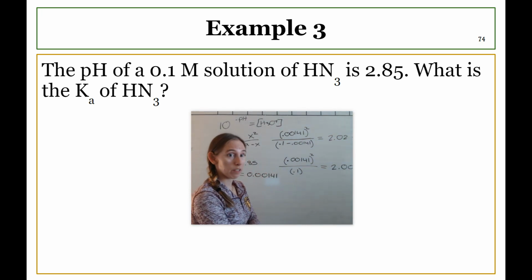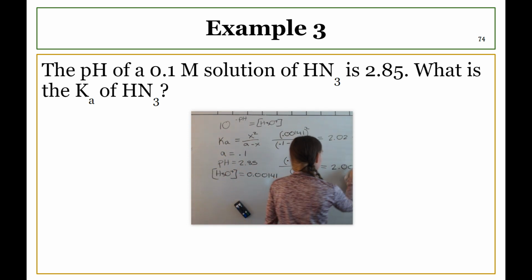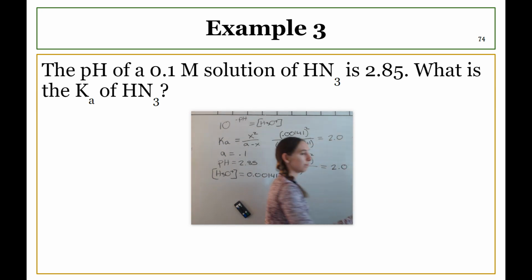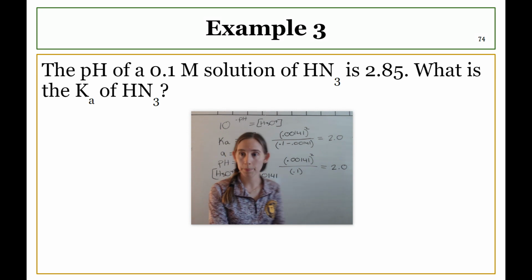Tiny difference. With sig figs, actually, we only need one significant figure though. Look at that. To sig figs, it's still the same answer. So there it is, both ways.